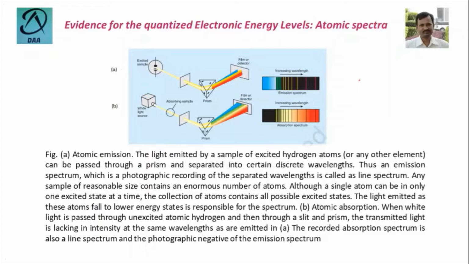First, we'll understand what atomic emission and atomic absorption are. In figure A, you can see that the sample is excited. In this case, it may be hydrogen atoms excited using external energy.